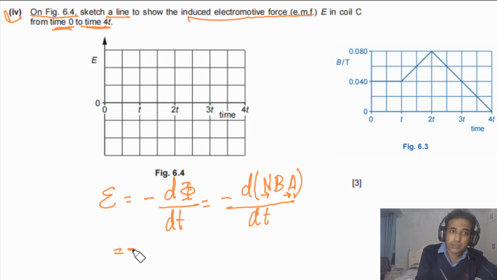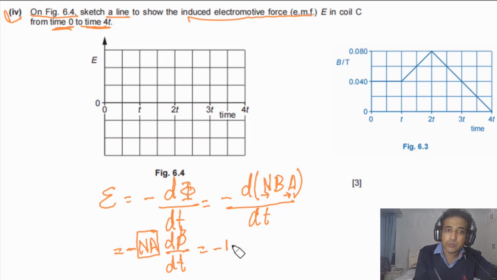So we can say this is negative, we have N, and here we have A, and here we have dB by dt. We can also simplify. We can replace these two quantities with one constant, so let's say K is a constant. So here we have dB by dt.